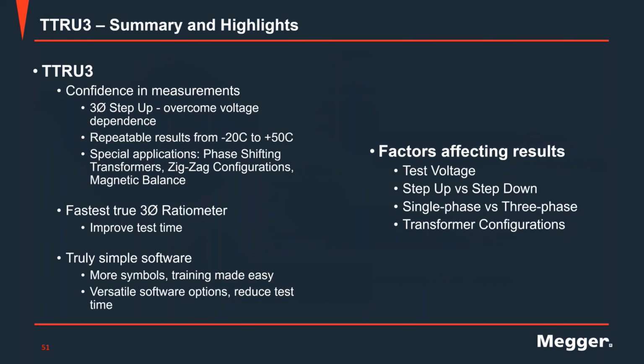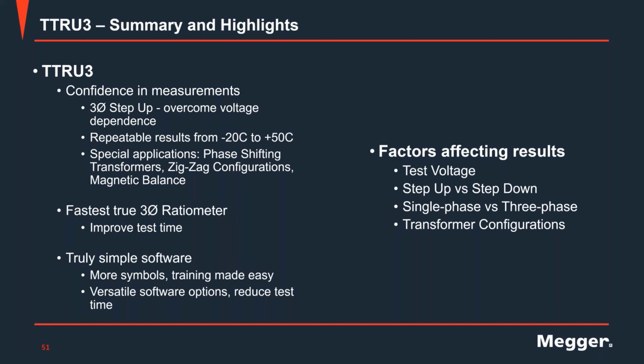Once again, we think these features are pretty useful. And now that you have a little bit deeper information on what comes into the picture, what happens or how the test voltage affects my results, if I'm using step up or step down technique to measure my TTR, if I'm using single phase or 3-phase excitation, and what type of transformer I'm testing.